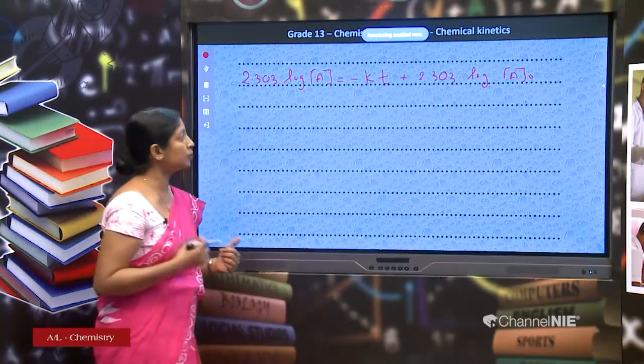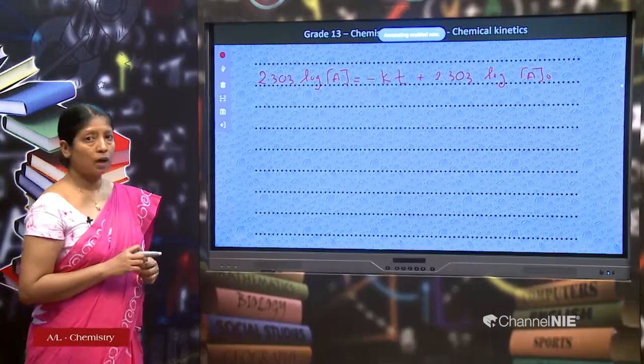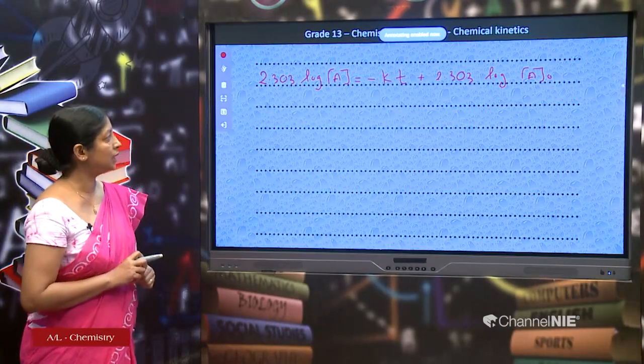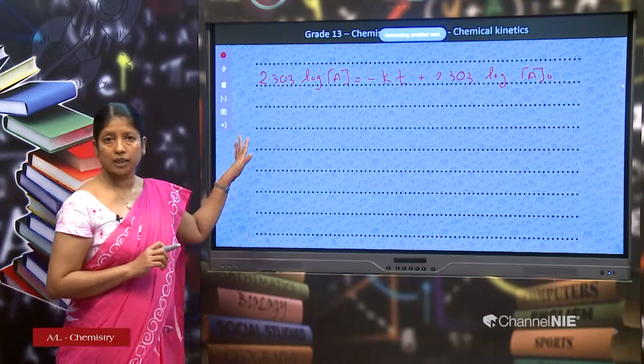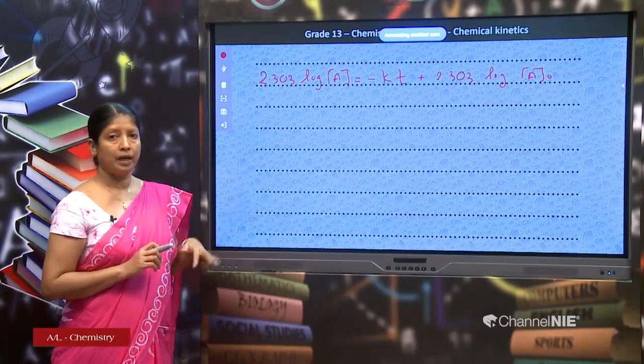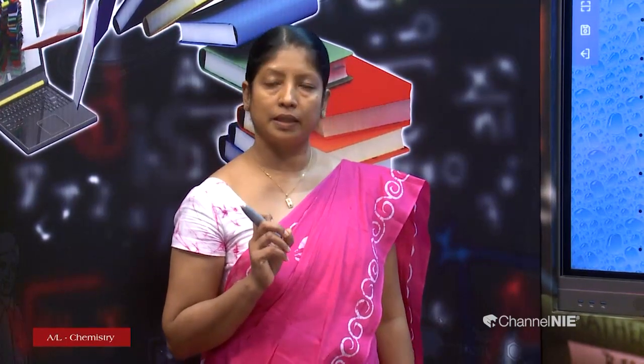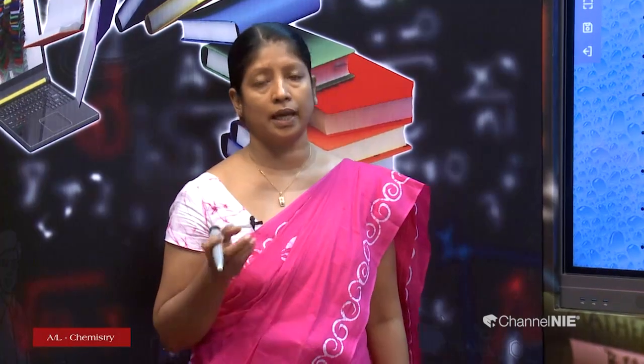So, if you want to rearrange this expression to half life, what do we have to do? We have to make a small change in this expression. This equation is given in our A level paper and we are asked to derive the relationship for half life. Now, half life is the time required to reduce any initial concentration exactly to half.